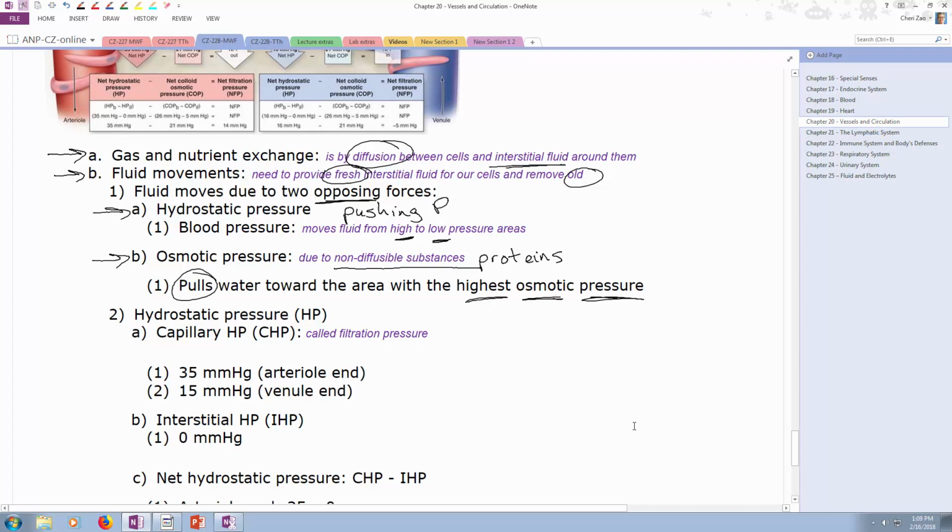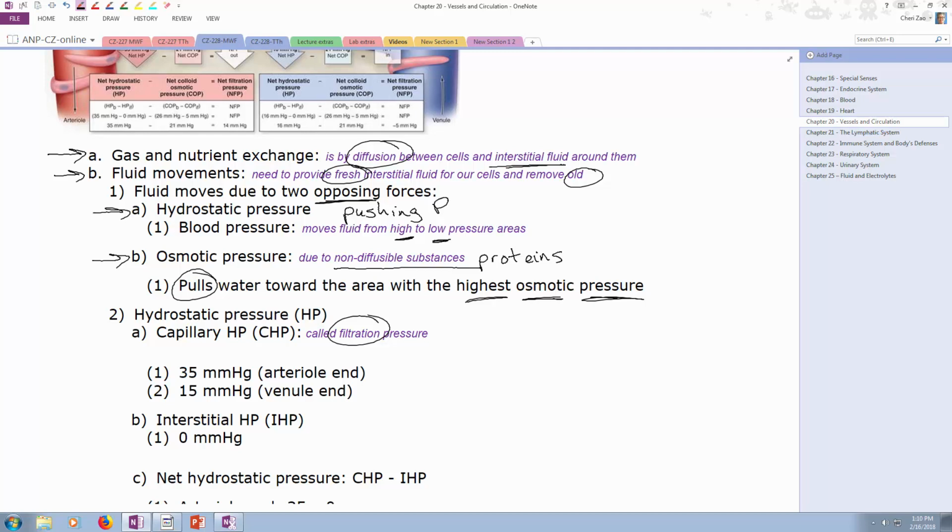Hydrostatic pressure is also sometimes called filtration pressure. So we need to talk about the hydrostatic pressure of our capillary bed at the two ends of our capillary bed. Remember, on the arterial end, we want to push the fluid out, and on the venular end of the capillary bed, we want to pull it back in. So let's take a look at the hydrostatic pressure of our capillary bed.